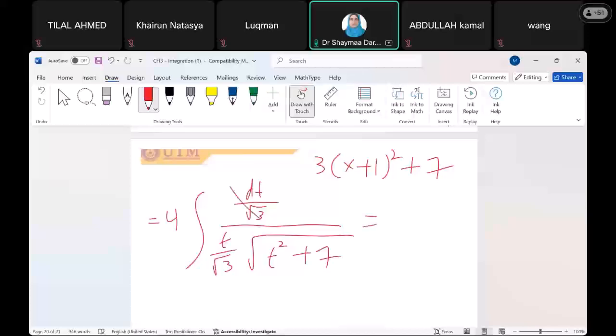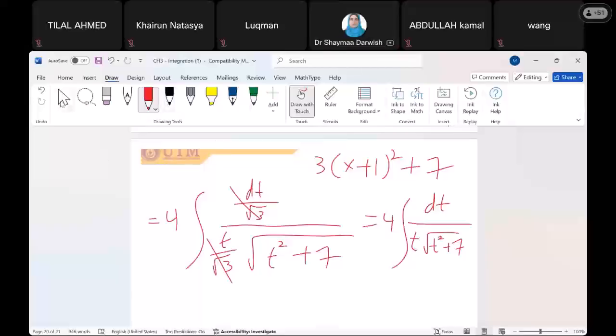So now 1 over square root of 3 is cancelled with 1 over square root of 3. So 4 times the integral of dt over t square root of (t squared plus 7). Now you can apply the formulas.